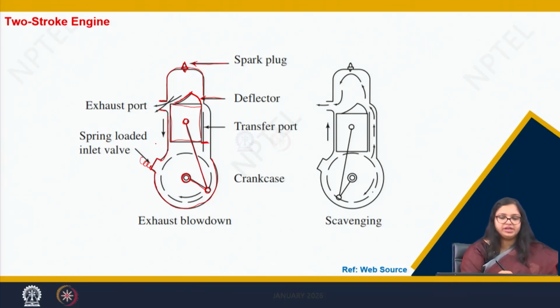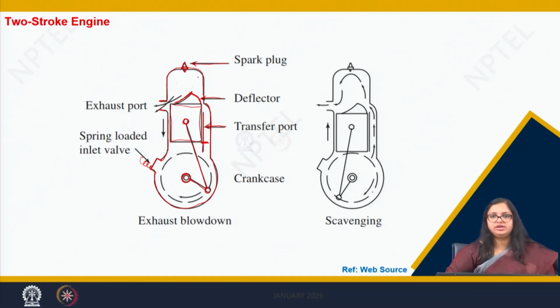Along with the spring loaded inlet valve and the exhaust port, we have another port which we call the transfer port. Through this, the air that comes into the crankcase gets transferred into the cylinder, that is, the combustion chamber.